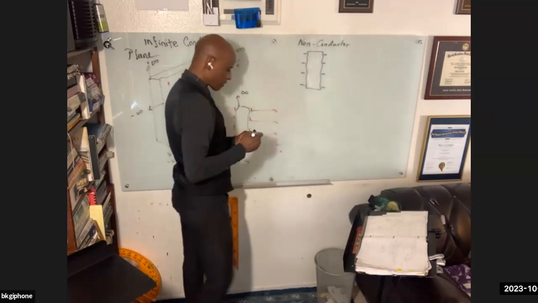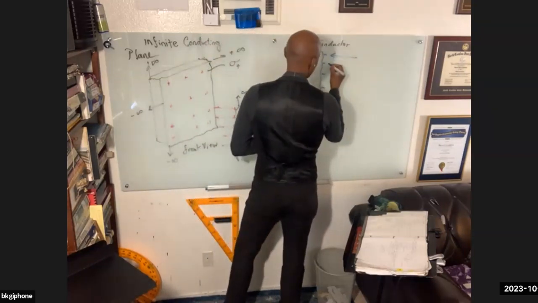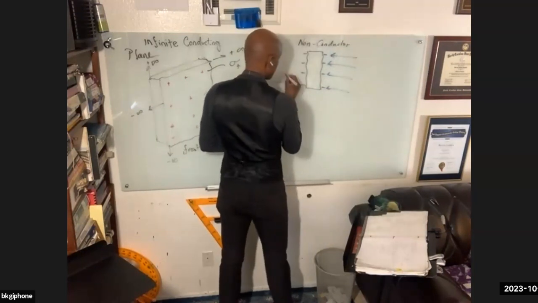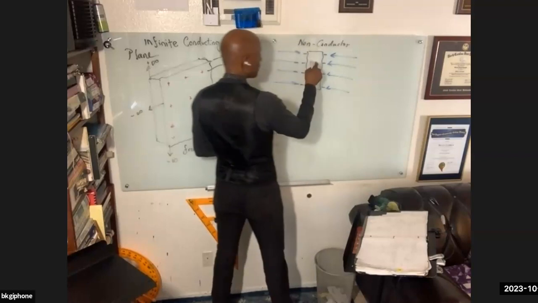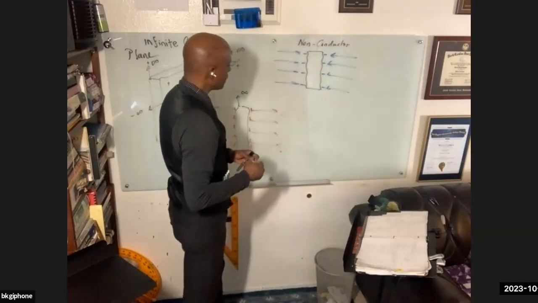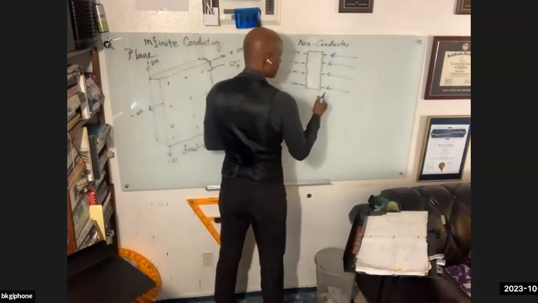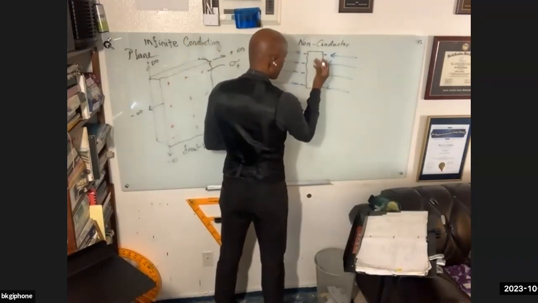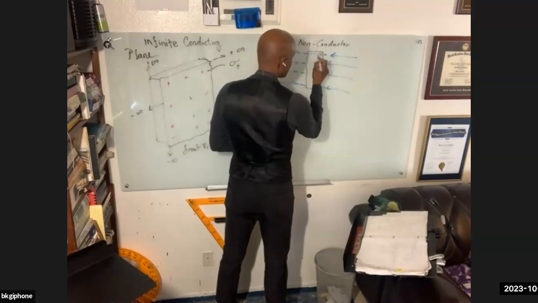Here's the fundamental problem. We know that the field will look like this, radially inward on both sides. But the difference between a conductor and a non-conductor is the fact that charge and field can exist on the inside. So there's a field due to these charges on the inside that points like that.